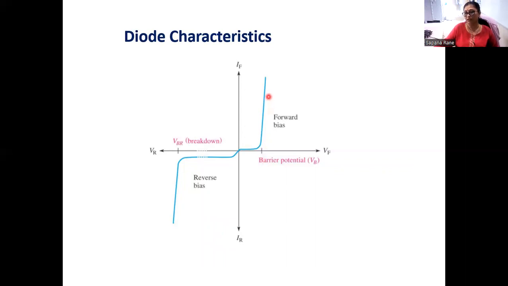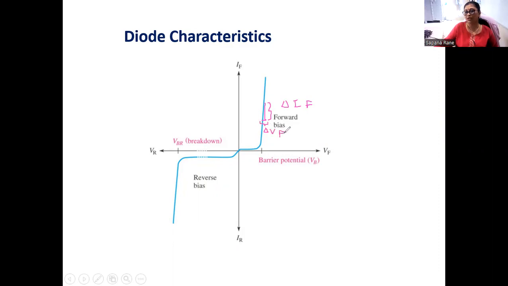Now you can find the resistance of the diode by drawing a slope to this graph. Here you can observe I am drawing a slope in a linear region of this graph. This is your change in current, let us call it delta IF. And this is the change in the voltage, which is called delta VF.